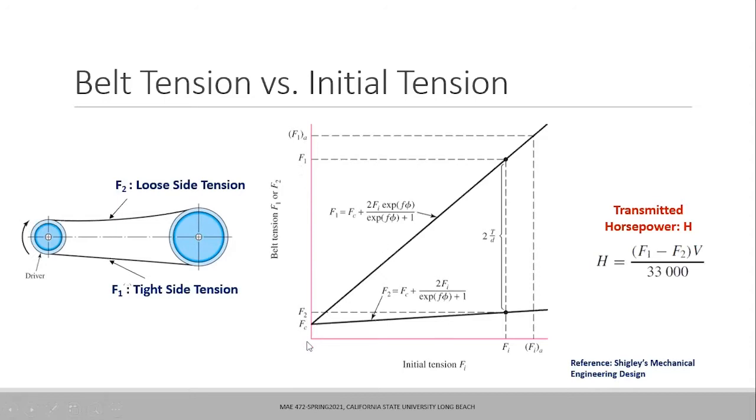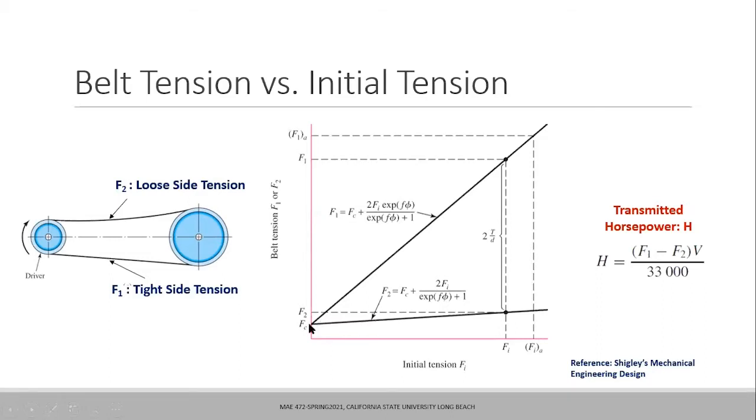When I start at the leftmost part where my initial tension equals 0, both the lines originate from one point, which means the forces on the tighter side and the loose side are the same and equal. Does it make sense to you guys? If you look at the cursor I am pointing on the screen, this is the point at which the loose side tension and the tighter side tension are the same magnitude. Does it make sense?